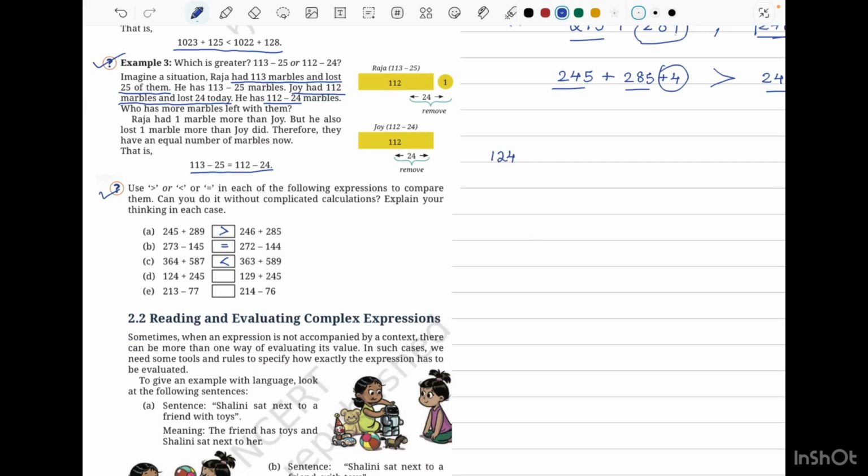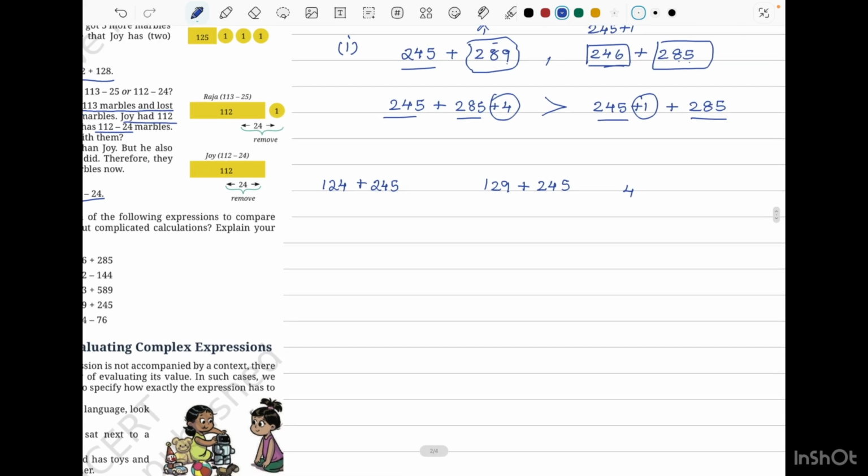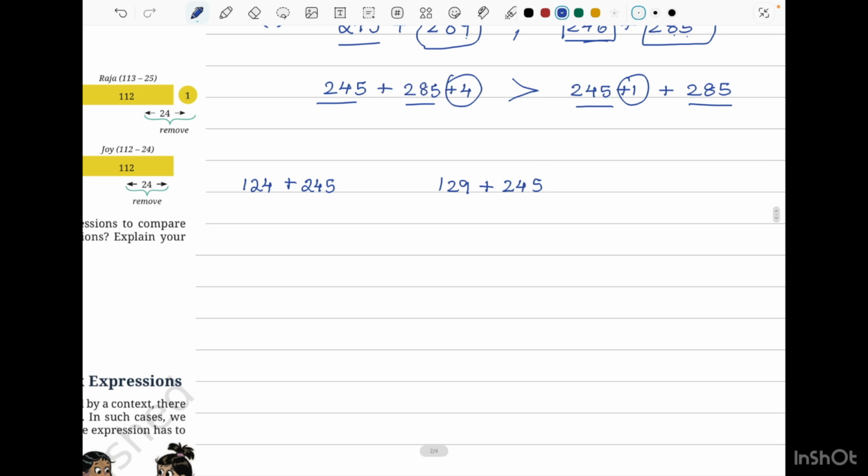Next question: 124 plus 245 and 129 plus 245. So we can split the larger number, 129 as 124 plus 5.